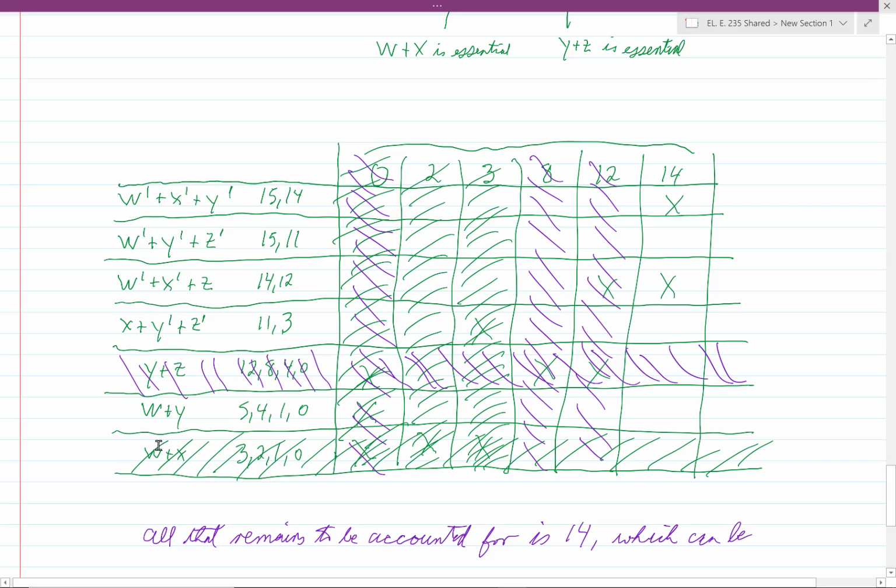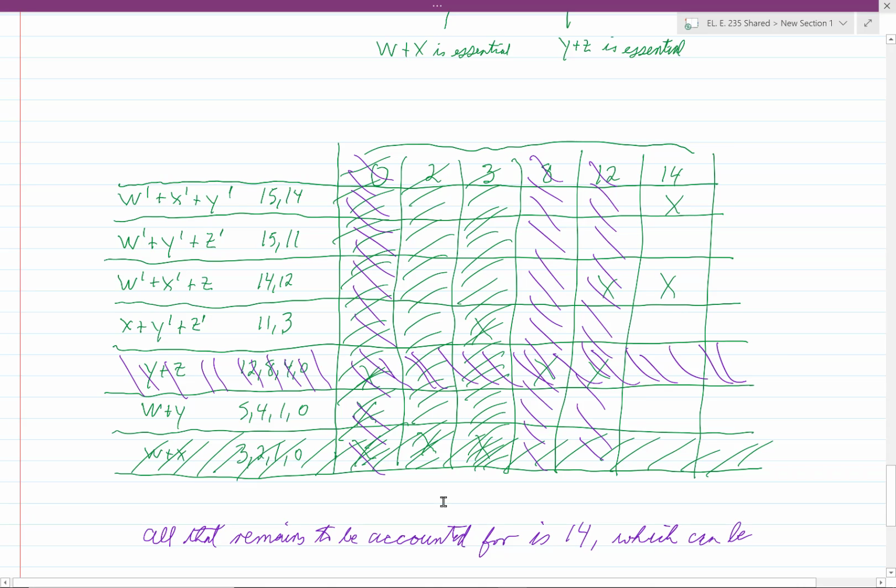And then our other essential prime implicate was W or X. It has 0, 1, 2, 3 in it. 0, 2, and 3 are up here, so they have to be shaded in. And for this one, I've had green lines leaning to the right. And 1 is not listed up there, but 0, 2, and 3 are. So in all three of those columns, I have green lines.